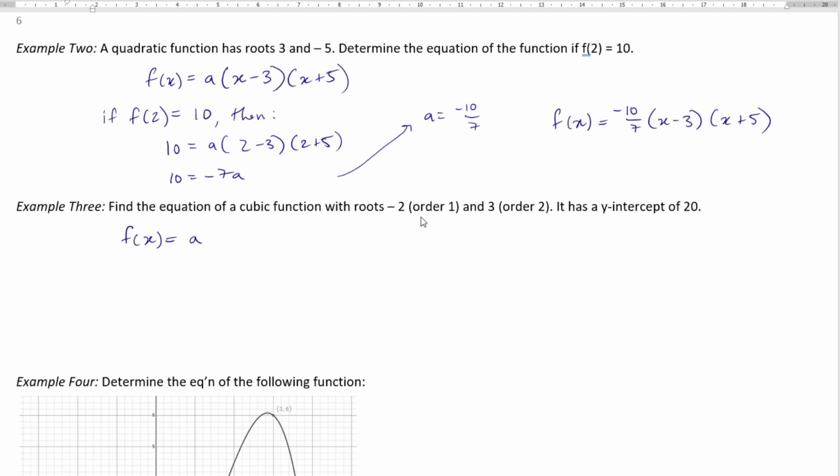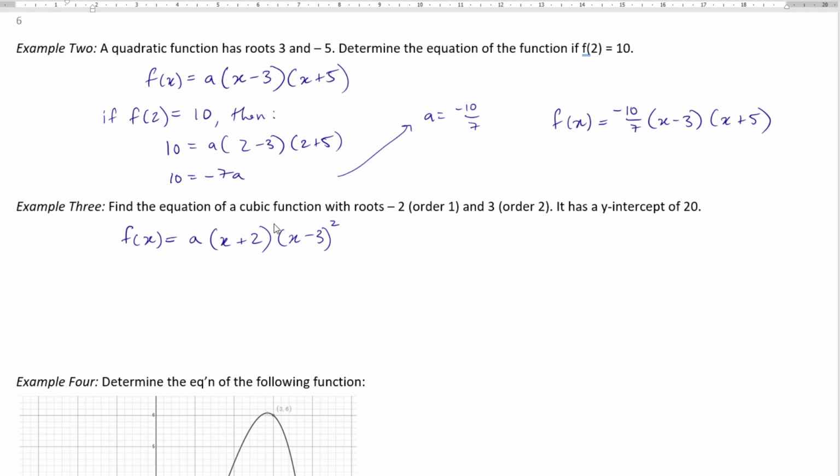One of the roots is -2, so x plus 2 would cause this to be equal to 0, and it's order 1. I could put a 1 up there, but I don't have to. And then 3, so x minus 3, but this one is to the order 2. If I were to expand all of this, that would be a cubic, right?